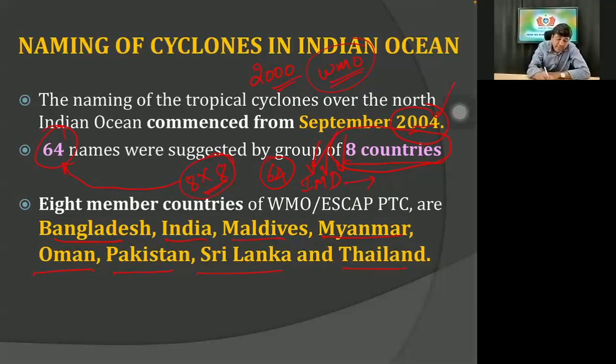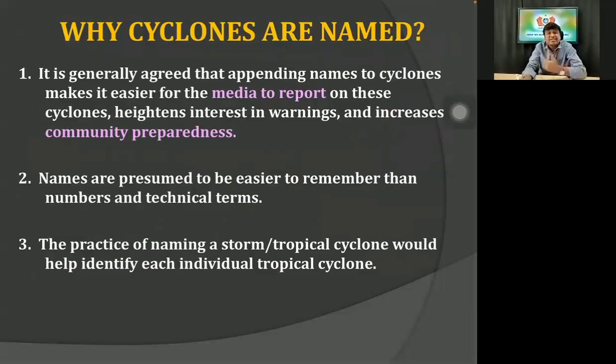And why should we name cyclones? What are the reasons for naming a cyclone? First, if we name the cyclone, it will be easy for the media to report about it. It is also easy for coastal communities to prepare, like shifting people from the coastal region to a safer region.